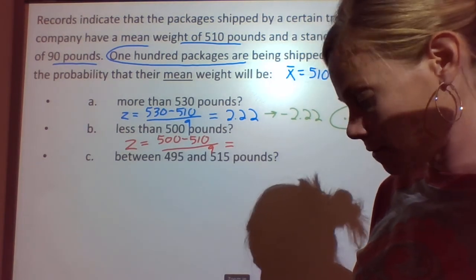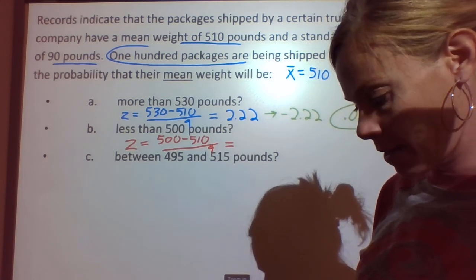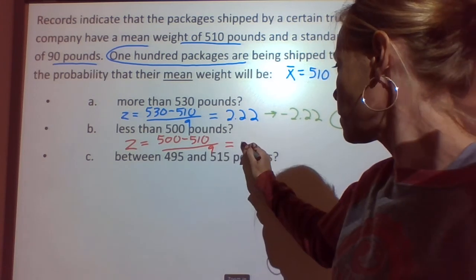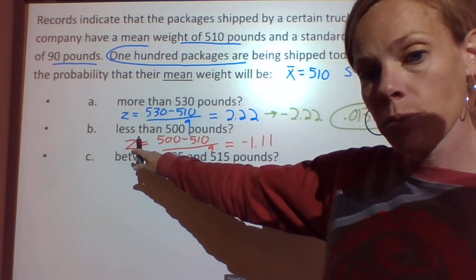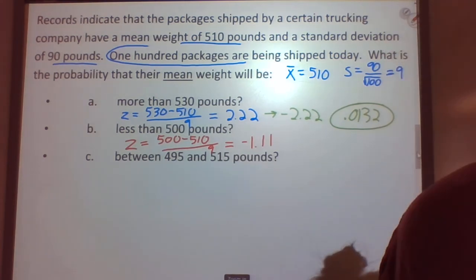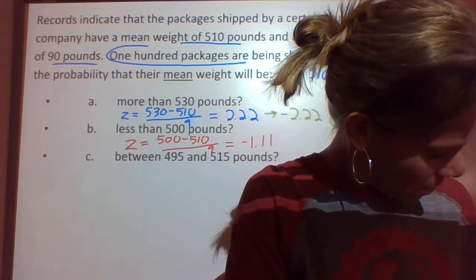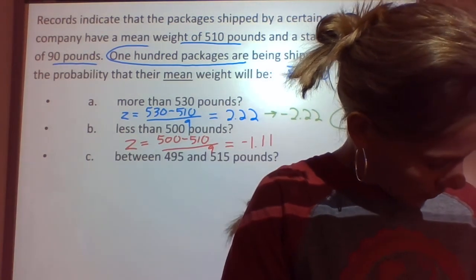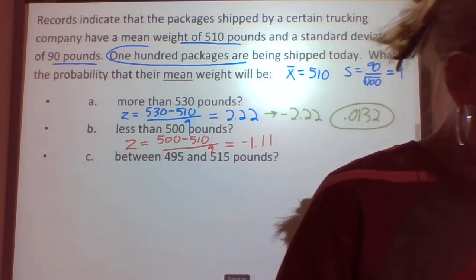Oops, 500 minus 510 divided by 9, negative 1.11. And it's less than, so am I looking up negative 1.11? Yes, I am, because that's area to the left. I don't change anything. So negative 1.11 is 0.1335.